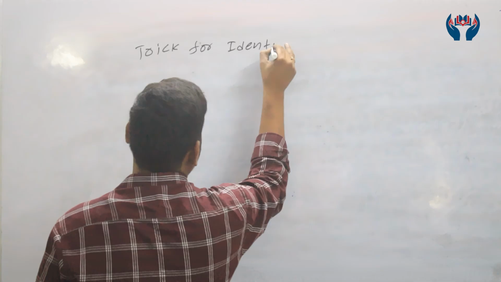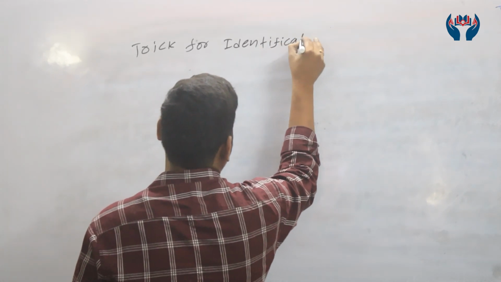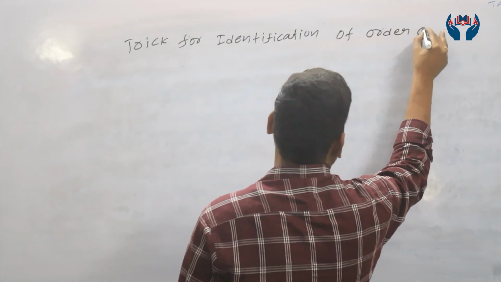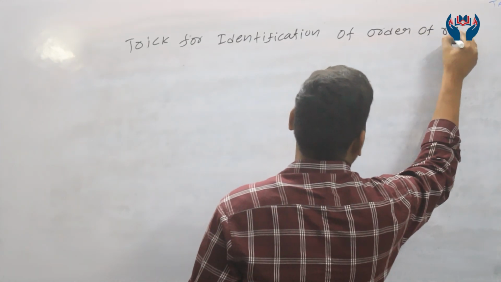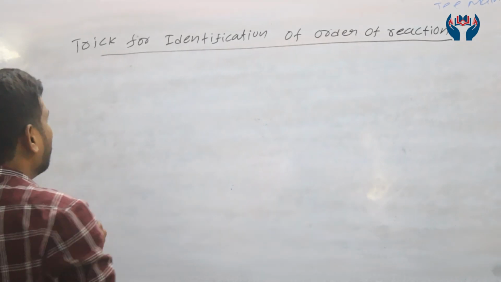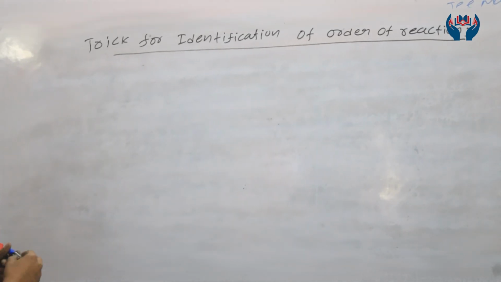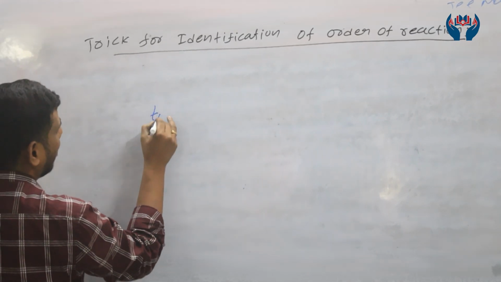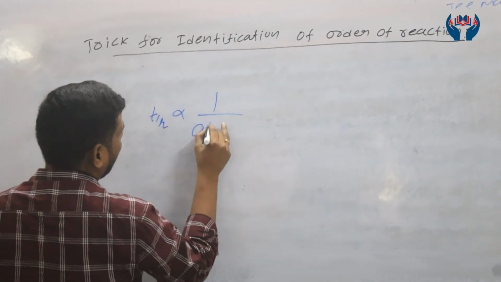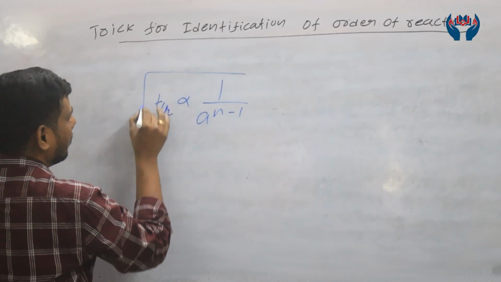Identification of order of reaction. What is the half-life t of one-half? The half-life is inversely proportional to the concentration to the power of n minus 1.